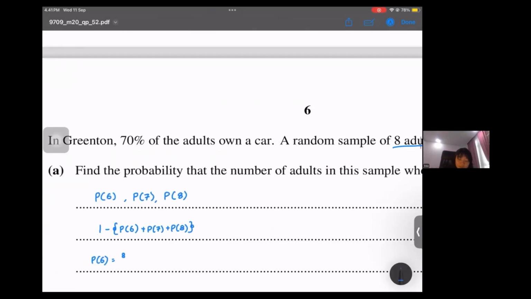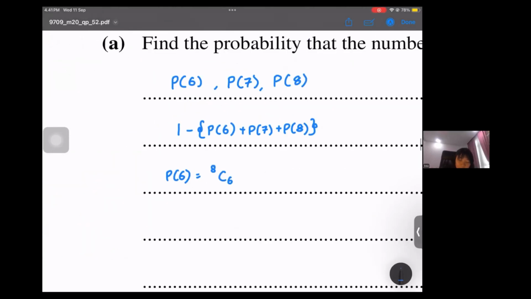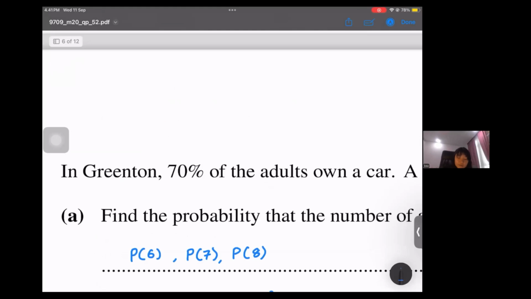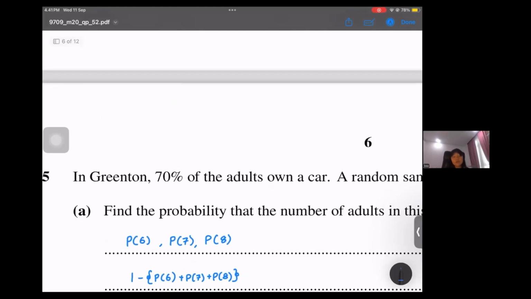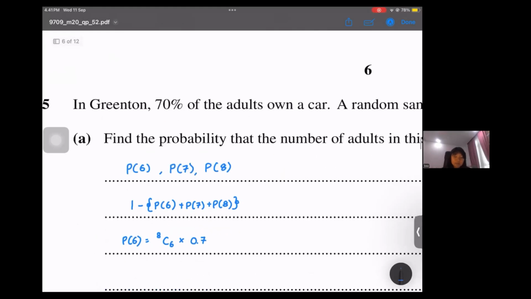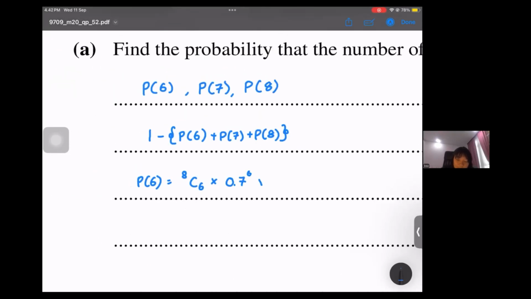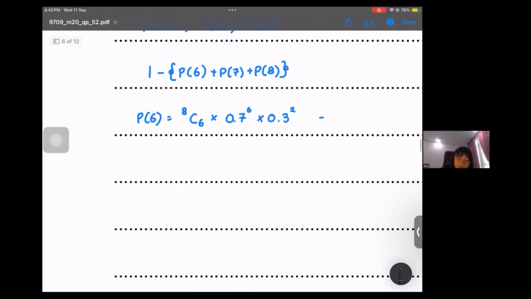So 8 choose 6 multiplied by 0.7 because they are the probability of an adult actually owning a car. In other words, it's the probability of success. So 0.7 to the power of 6 multiplied by 0.3, which is the failure, to the power of 2. Place in the values into your calculator and you will get 0.2965 rounded to 4 significant figures.